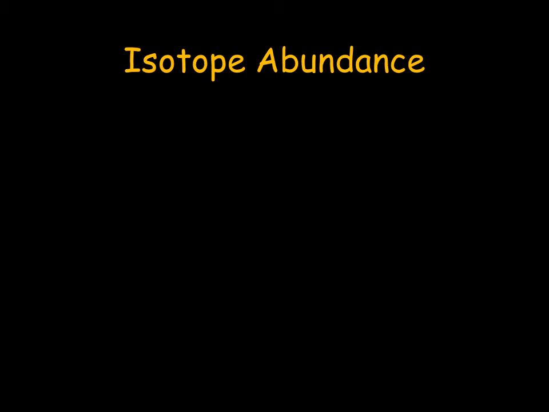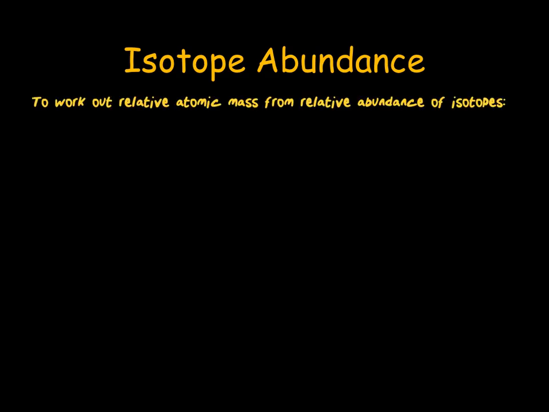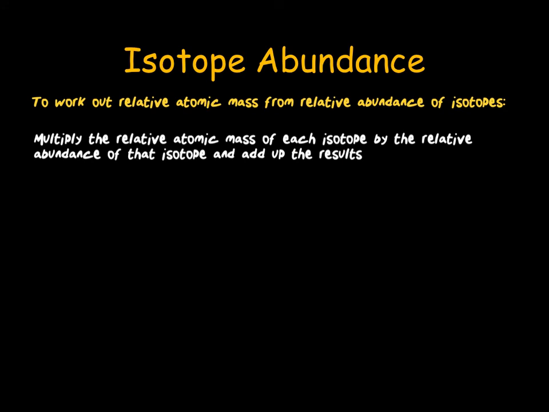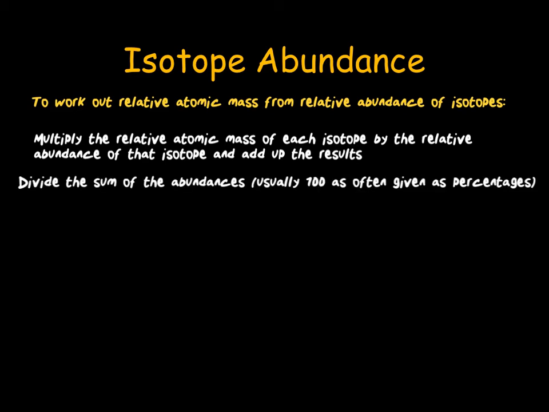To do this, we multiply the relative atomic mass of each isotope by each isotope's relative abundance. We can then add up the results. In order to then calculate the relative atomic mass, we divide this by the total number of all of the abundances. As these are usually given to you in form of percentages, you will be dividing by 100.